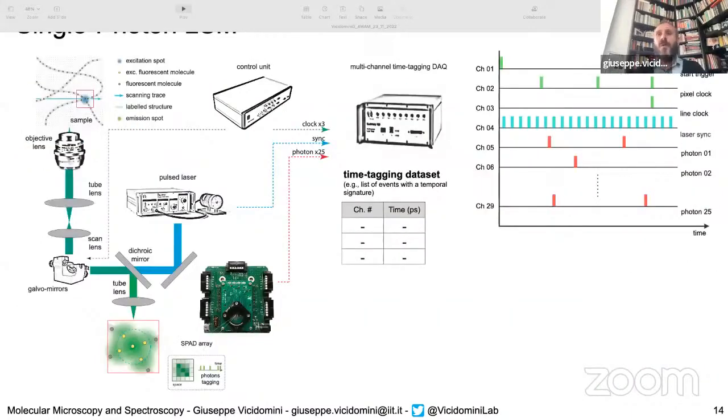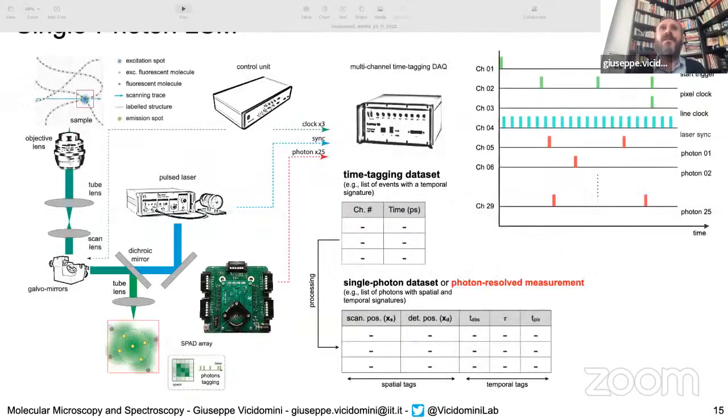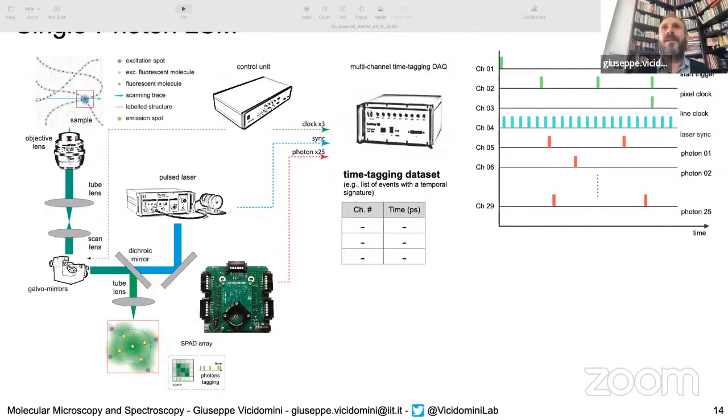Okay, once we got this detector, we have another problem: we need to record the data from it. As I told you, this detector delivers a digital signal every time a photon is collected from your sample, and we need a specific recorder for all the 25 elements of the SPAD array detector.